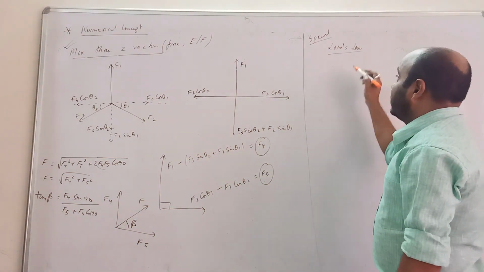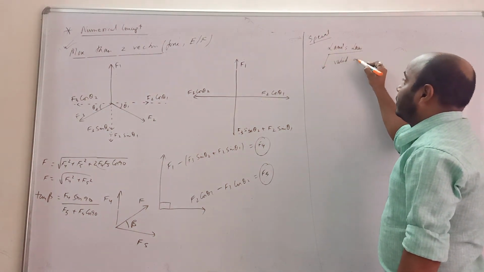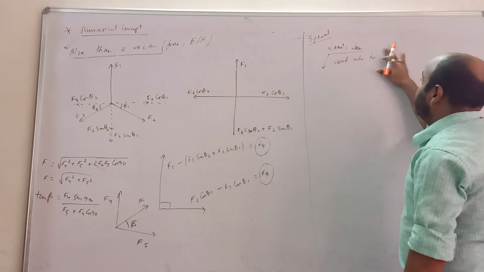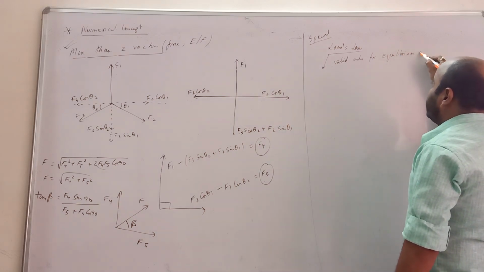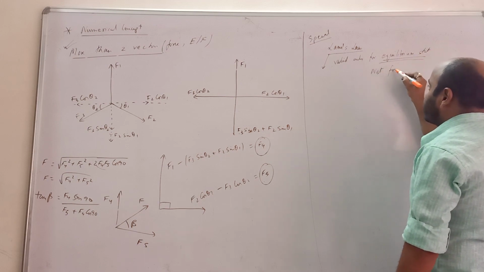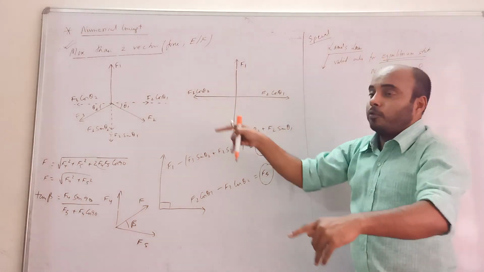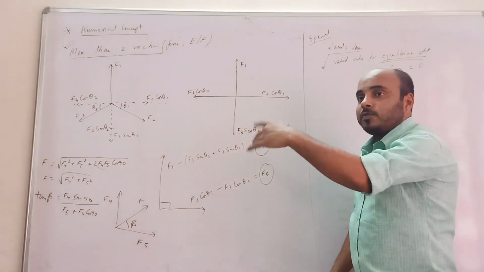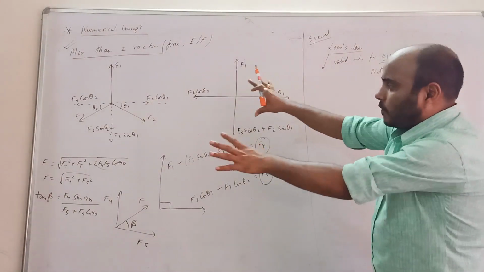This Lami's law is valid only for the equilibrium state. Equilibrium state means net force 0. That means this is valid only for forces, not for electric field. We cannot use this for electric field, but the earlier method we can use in electric field also. So this is the fundamental method.